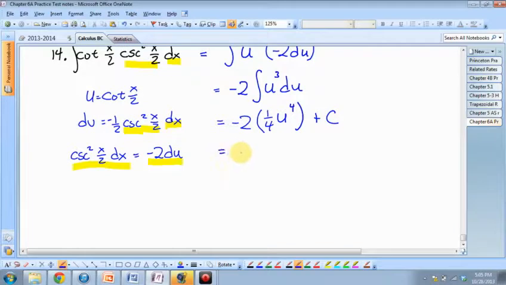And after you do your substitution, that becomes negative 1/2 cotangent to the 4th power x over 2 plus constant.